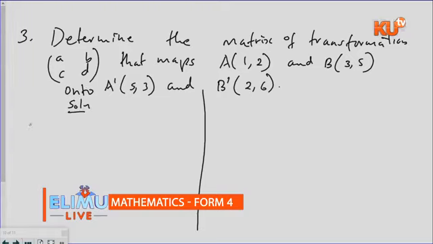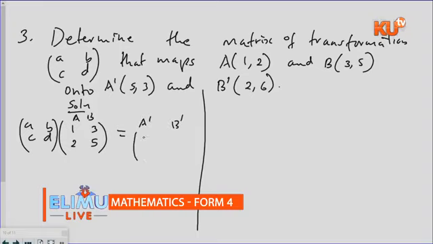So I take the matrix [a, b; c, d] and multiply it by A, which is (1, 2), and B, which is (3, 5). I should be able to get A prime and B prime, which in this case are (5, 3) and (2, 6).